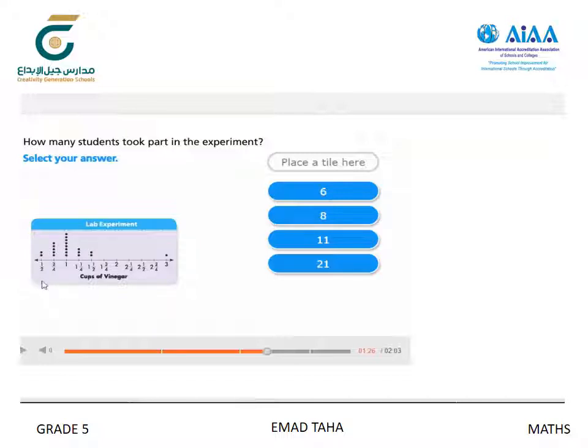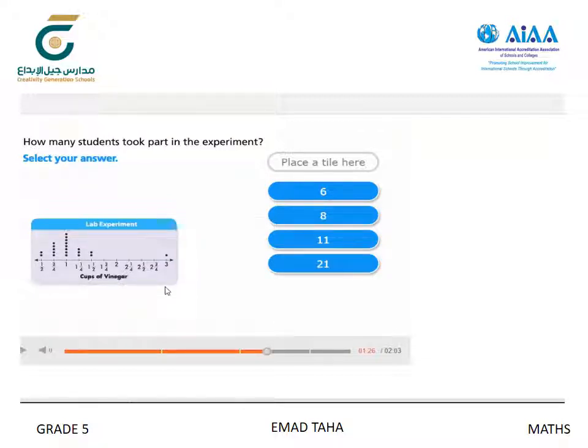How many lab equipments here? Now we have 1/2, 3/4, 1, 1 and 1/4, 1 and a half, and 3. When I ask which is more often, it means which is more common or most repeated. At 1, there are more dots than at any other value.